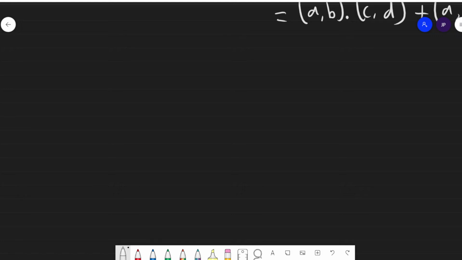That's fine then. Let's look at field condition 4, which is identity elements. Now, for addition, let me write down the elements of the field quickly.